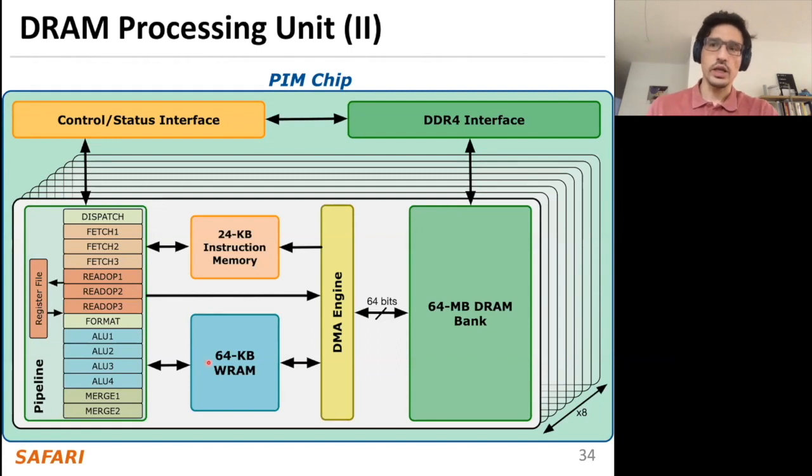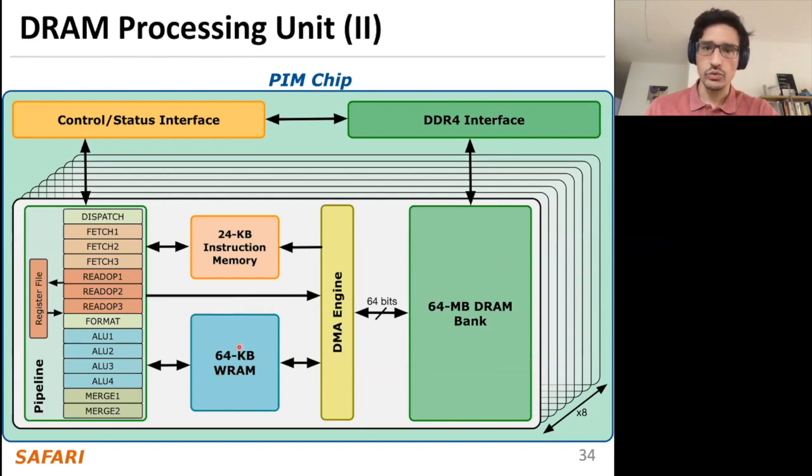So when the execution of the kernel starts, what we will normally do in the very beginning is send a request to the DMA engine. In particular, the API that we use is called MRAM read. So this DMA engine will access certain data in the MRAM bank and move it to the working RAM.